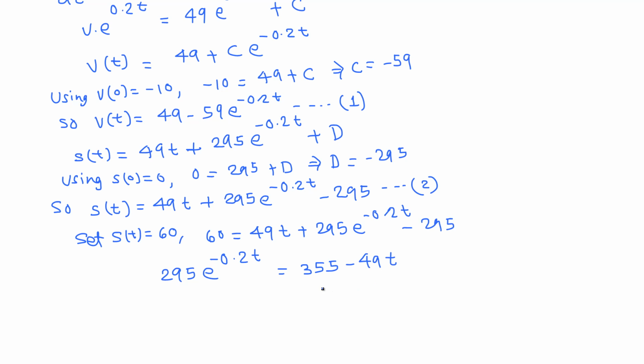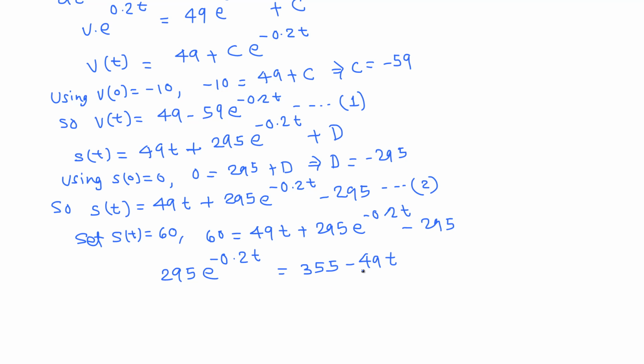We need to solve this. Algebraically it's impossible because it's exponential and linear. So we need to graph this function and find the point of intersection, and that gives t.